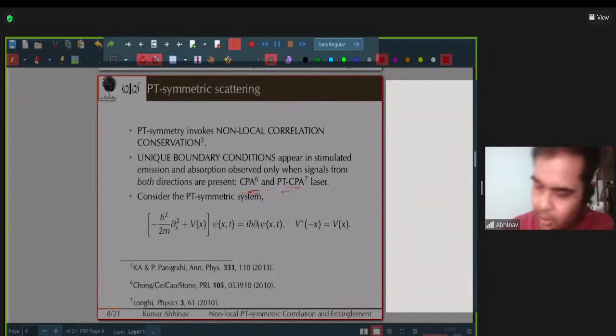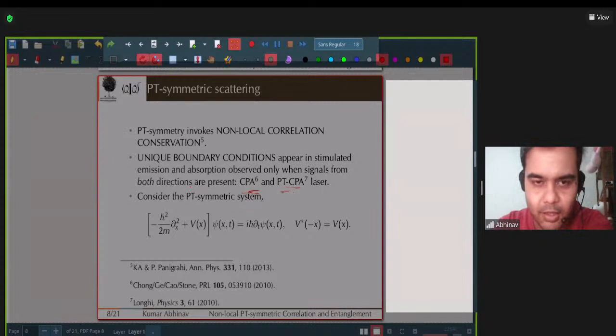And how? We considered the Schrodinger equation. Why? Because under the paraxial approximation, optical systems follow a Schrodinger equation; you just have to identify the variables. So let's consider a generic PT symmetric system and the Schrodinger equation. The interesting thing is that the potential is PT symmetric, and we are considering a stationary potential because that is what you realize in real physical systems.